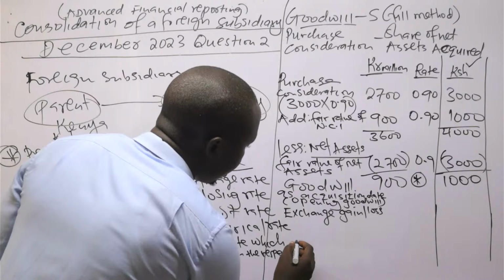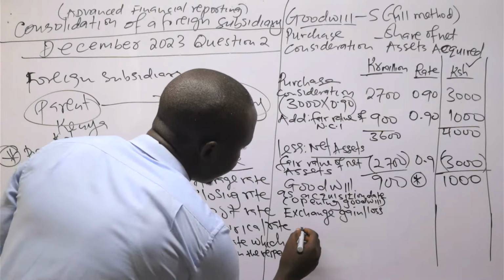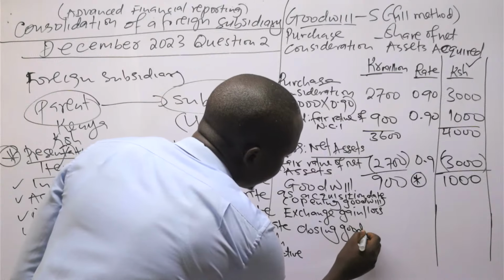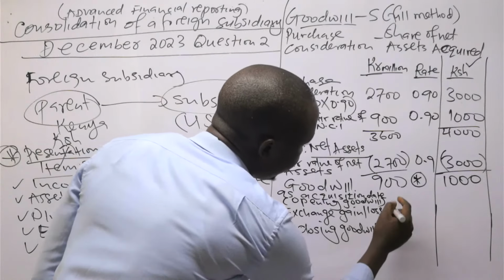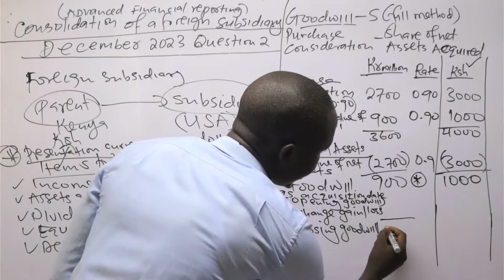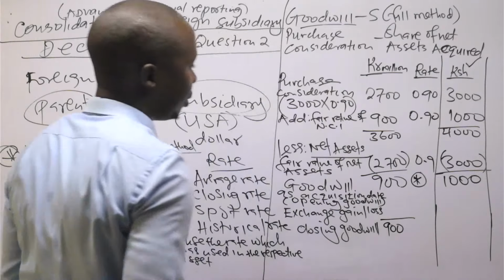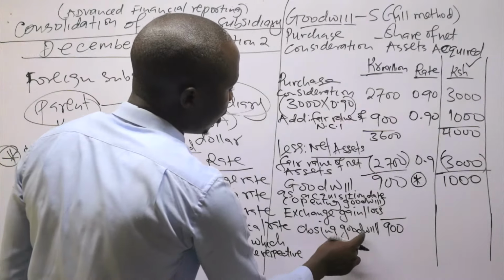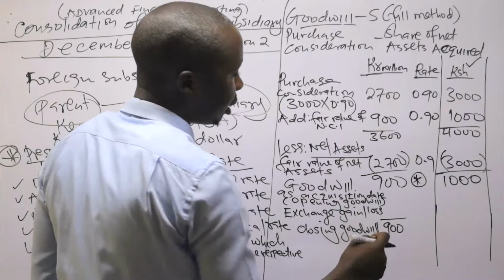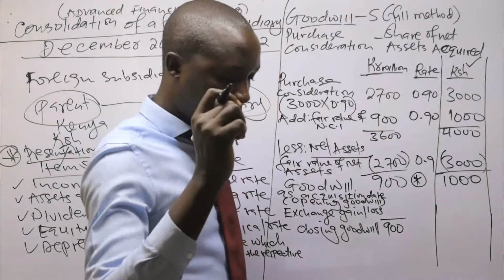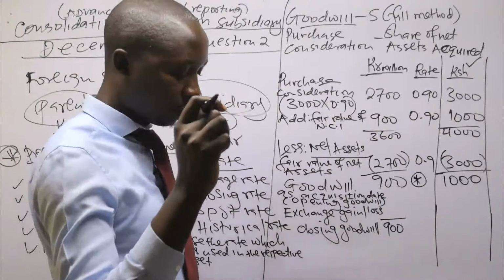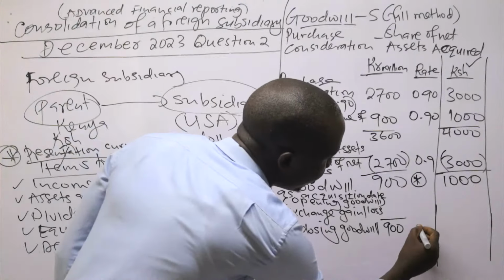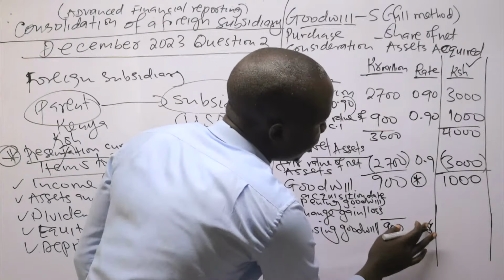So the closing goodwill. Remember, I would have to pull this one down, 900. But now I have to translate it to determine goodwill as at the closing date, which is the date of the balance sheet, 30th September 2023. On 30th September 2023, the rate is 0.8, not 0.9.